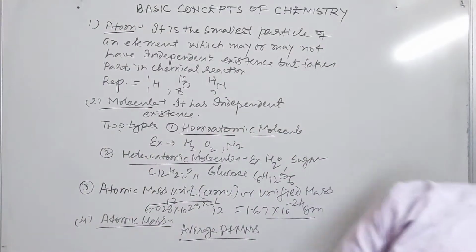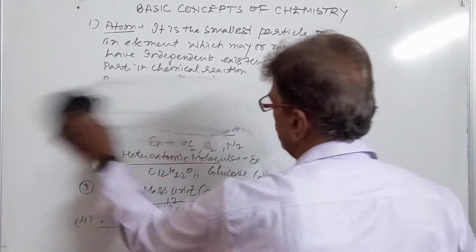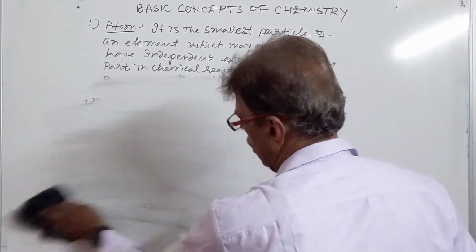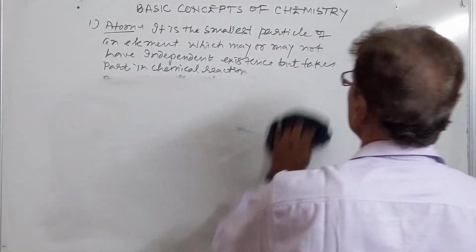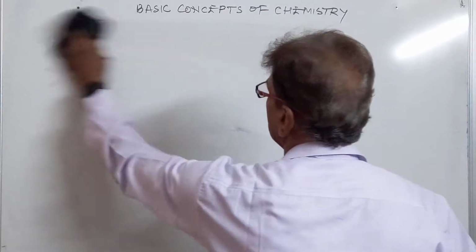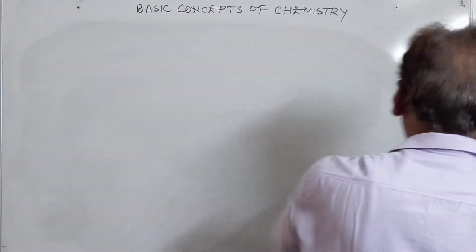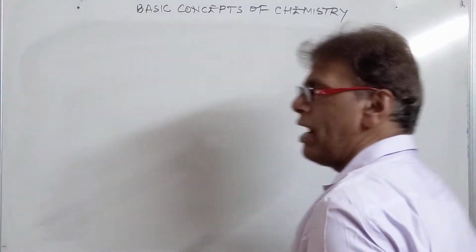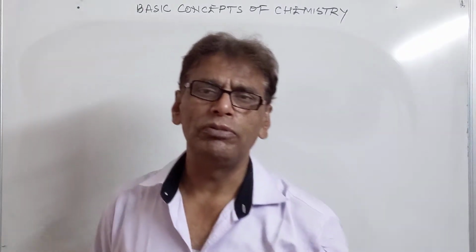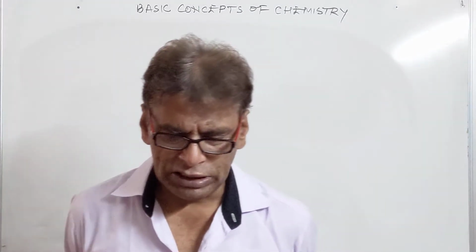Then we have the second definition, that is of molecular mass. That is also given on the same basis. Now what is molecular mass? The first definition is the number of times the molecule of a substance is heavier than 1/12 of the mass of carbon, which is taken as 12, or it is the average relative mass of a molecule of a substance as compared to an atom of carbon, which is taken as 12.